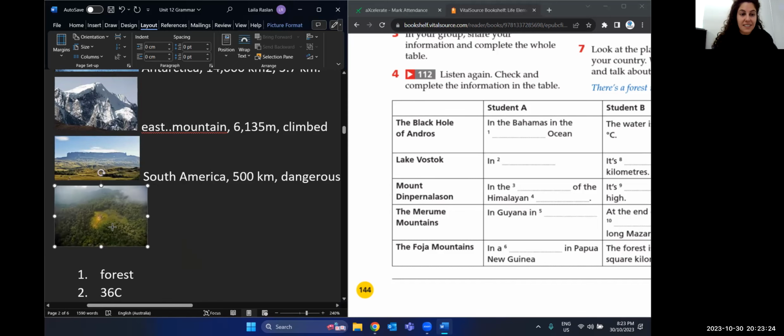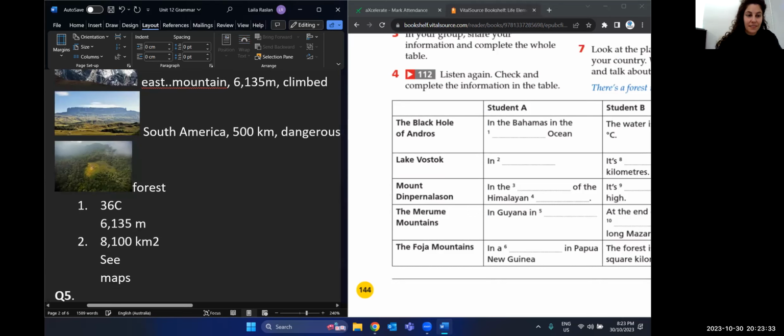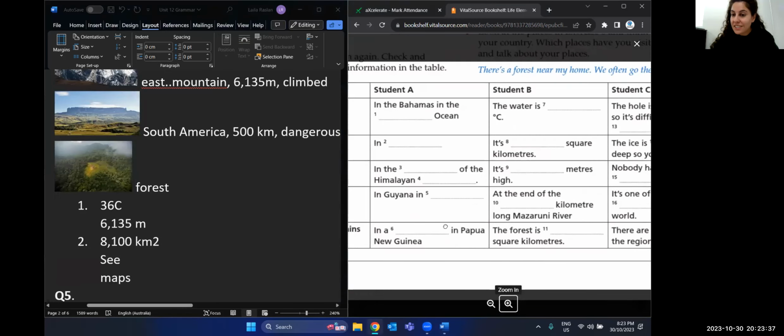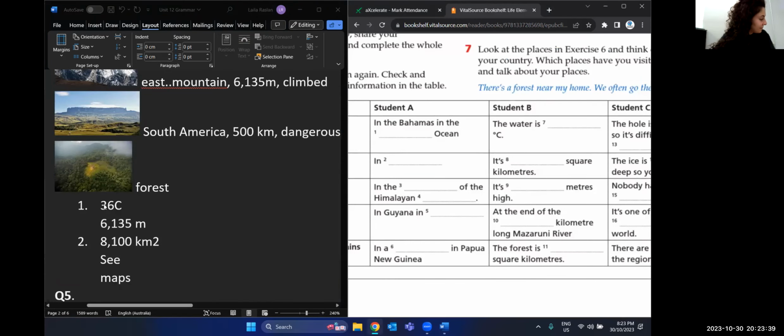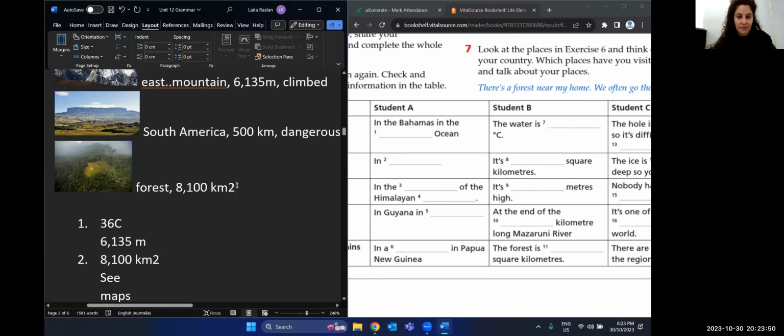The Foja Mountains in number 16, in a forest. Is that what you heard? In a forest in Papua New Guinea. The forest is, did anyone get that? 8,100 square kilometers.